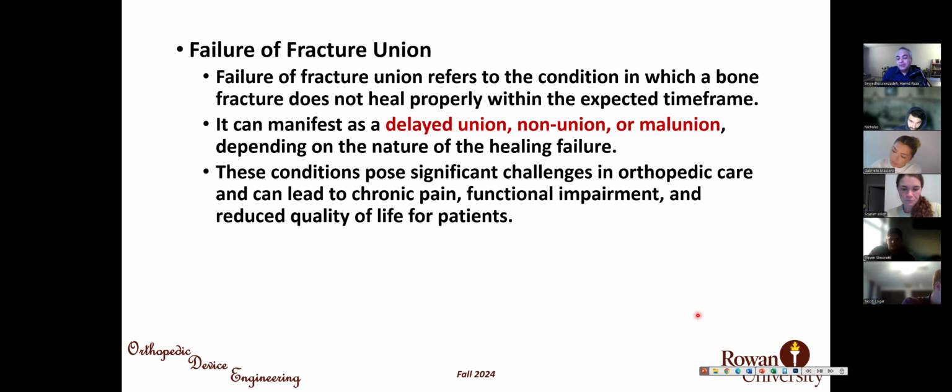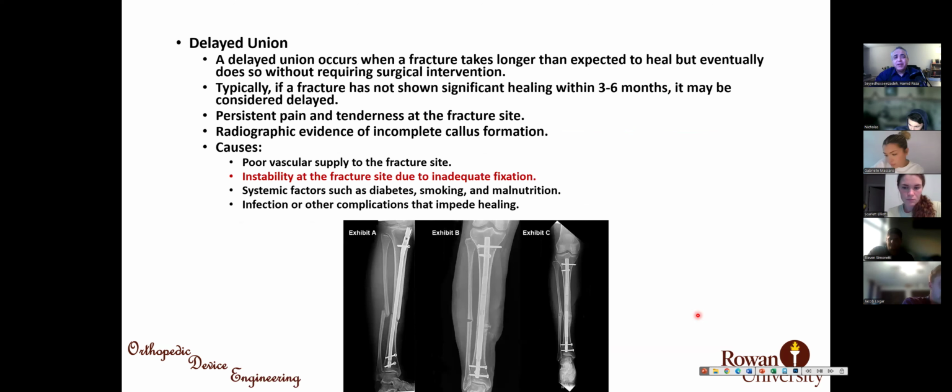When the union does not move forward correctly, it can be called delayed union, non-union, or malunion. Very briefly, I explain them. Like here, you see the union after 3 to 6 months. We expect all the fractures to unite after 6 months in our body.